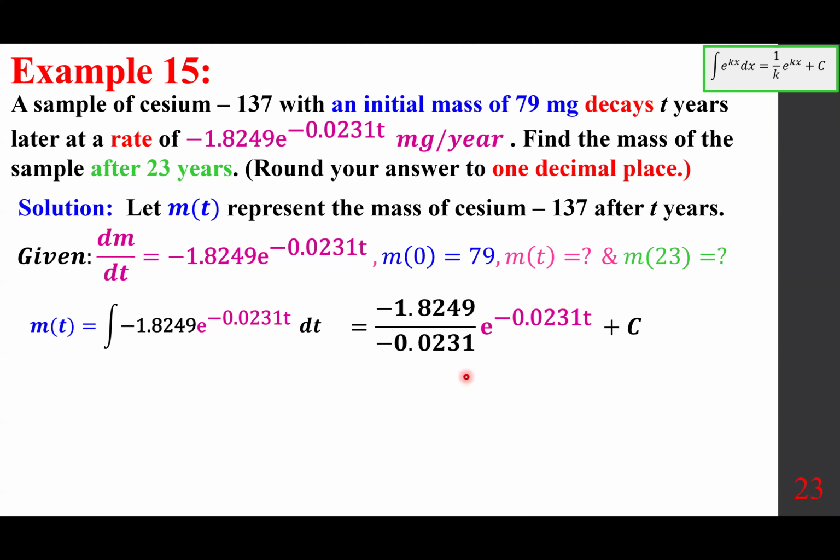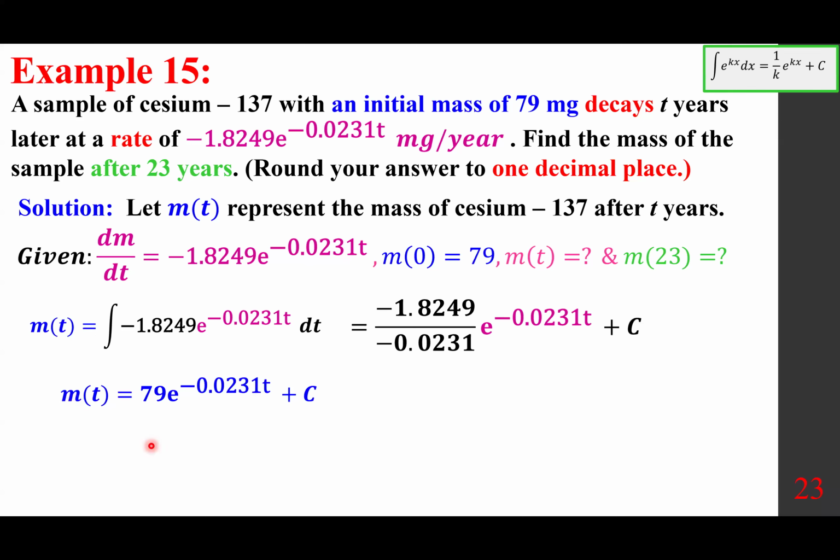So when you put this into a calculator, believe it or not, it gives you 79. So 79 e to the power of minus 0.0231 t plus a constant. We need to find a constant. We need 1 point, and 1 point is given: when t is 0, m is 79.